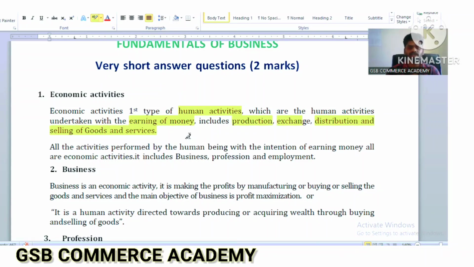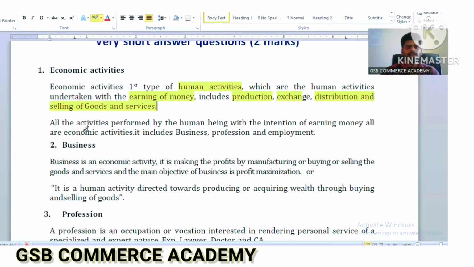When we sell goods and services, we receive some money, so these are also money related activities. All the activities performed by humans with the intention of earning money are economic activities.